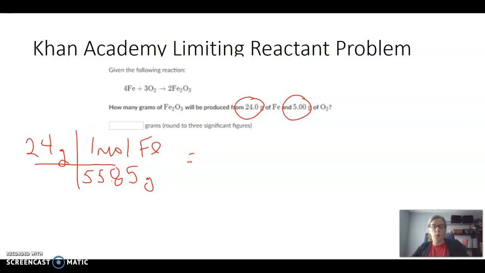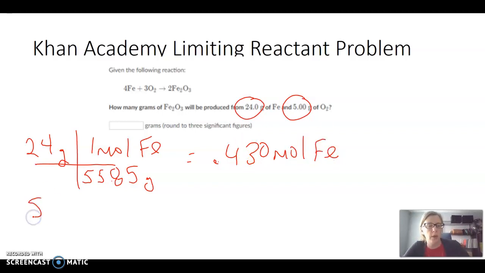And so 24 grams of iron, when we divide 24 by 55.85, would be 0.430 if I round it to 3 significant figures. So 0.430 moles of iron. I also have to do the same thing for the oxygen.